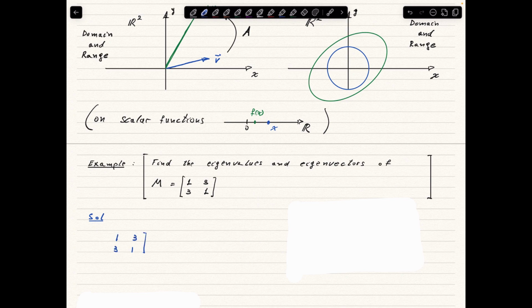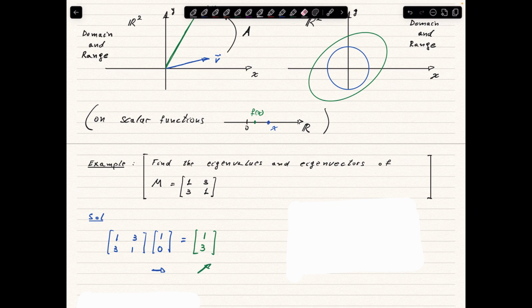What we want to do is see what the action of this matrix is on any vector. For example, on the vector 1 0, and here the result is obviously going to be a green vector, and the vector is going to be 1 3. And you see we change the direction. This is a vector that is horizontal, and we change it into a vector that is more or less like that.